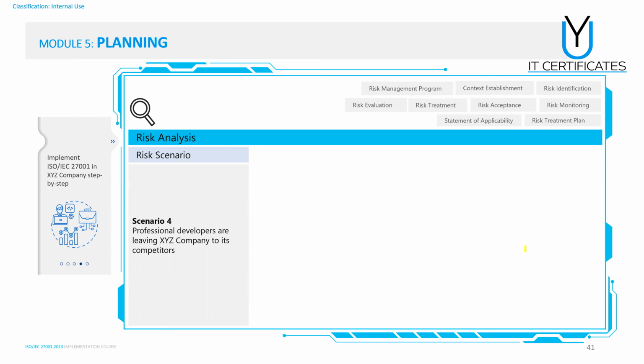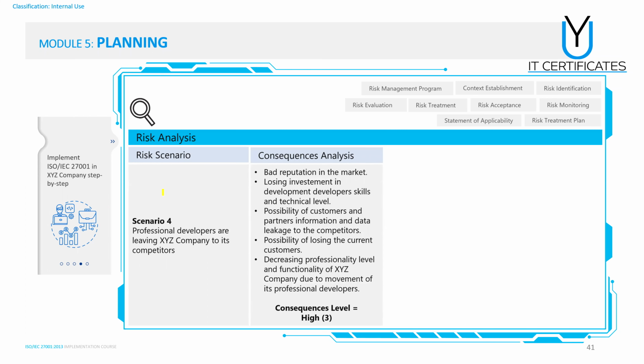Risk scenario number 4: professional developers are leaving XYZ company for the competitors. We found that the consequence level will be 3, because again there will be bad reputation, losing investment in development and developer skills, since you may have sent them to training, and possibility of customer and partnership information and data leaking to the competitors, because the data is known by the developers. If you did not sign an NDA with these developers, they can share this data with the competitors.